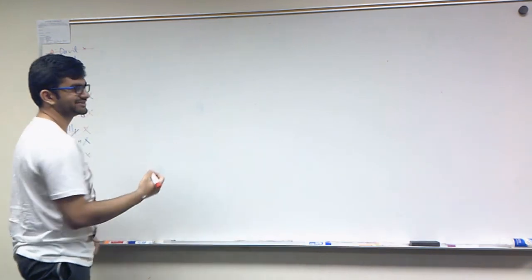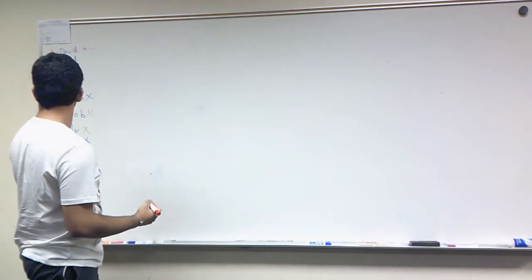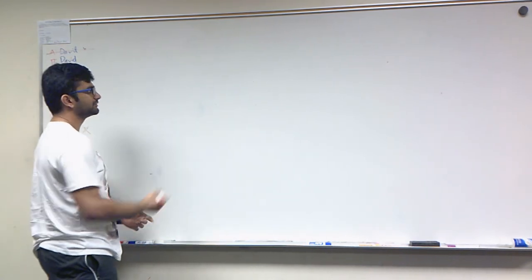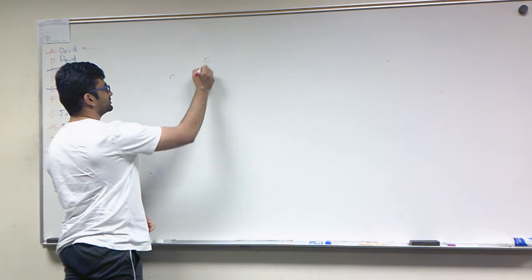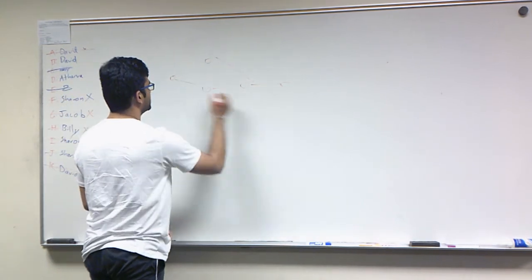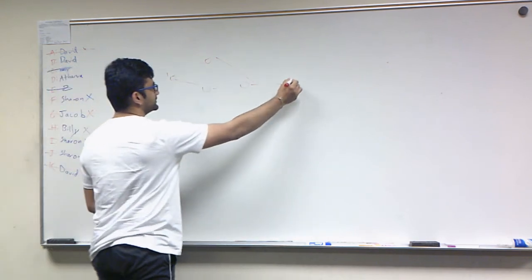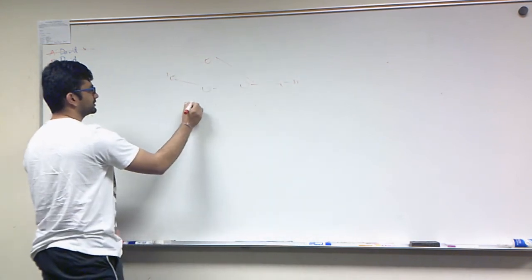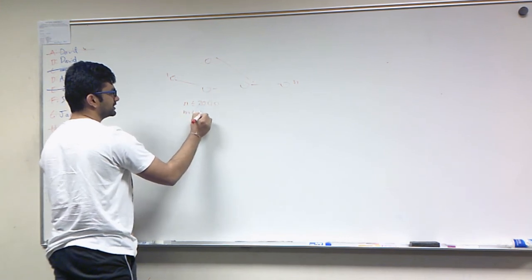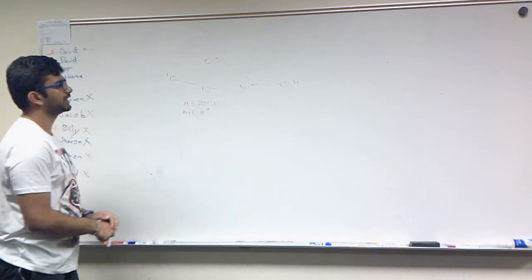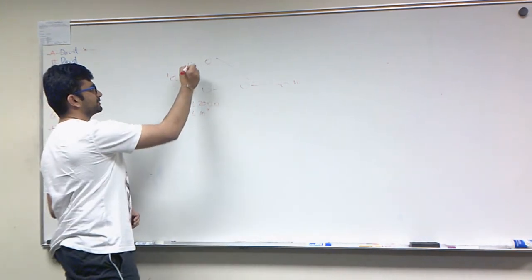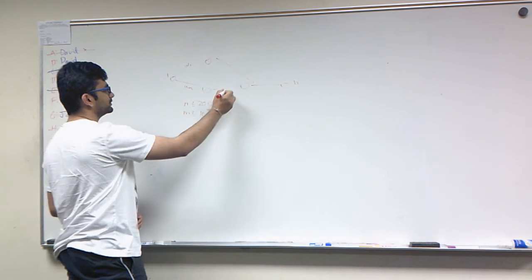Okay, so problem D is you're given a weighted graph, so I have some edges, and you have node 1 and node n, where n is up to like 2000, and the number of edges is up to 10 to the 4th, I believe. These edges have some weight, weight 1, weight 2, whatever.